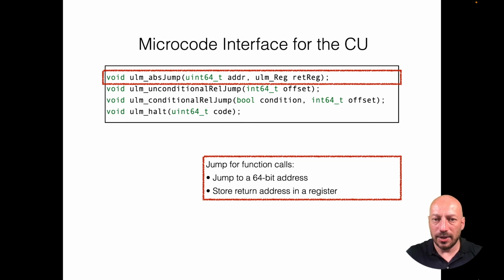With this function you can actually jump to a particular 64-bit address, and this instruction also will store the return address in a provided register. We will deal with that in some upcoming sessions, so I will just provide you this information so that you're having the feeling all things are covered, but the applications will come later.